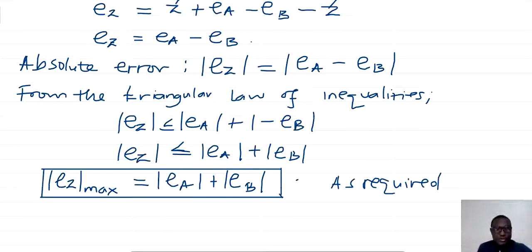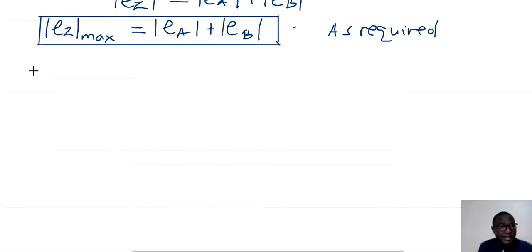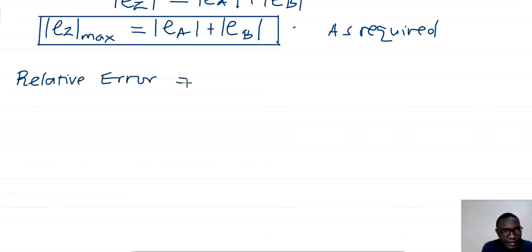Now we can base on this to compute other things like the relative error. So relative error is equal to the absolute error divided by the exact value. But what is the absolute error?